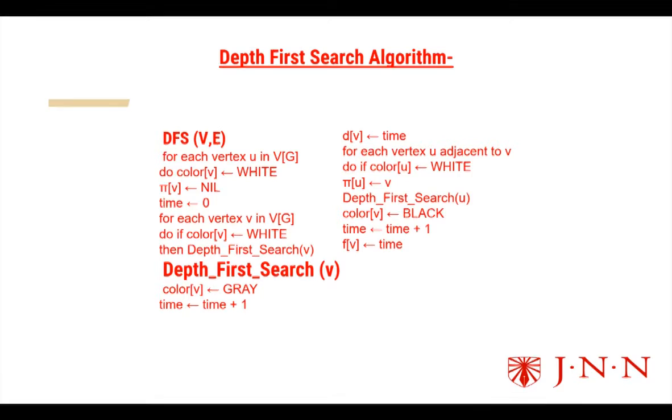So here we are applying depth first search on node u. When a node has no more unvisited neighbors, its color is turned into black, and the time unit also gets increased by 1. Then that final time will be stored on the vertex node.